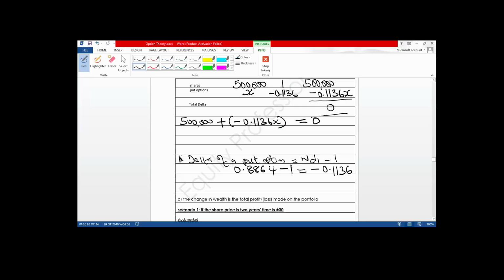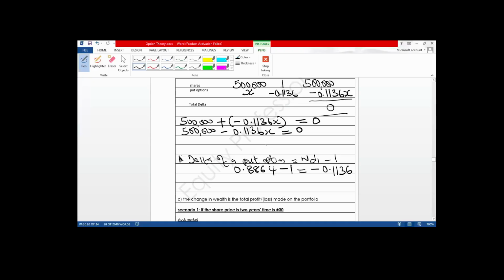If you are to achieve neutrality, neutrality means your investment value will not change. What is X? Open your bracket, 500,000 minus 0.1136X is equal to 0.